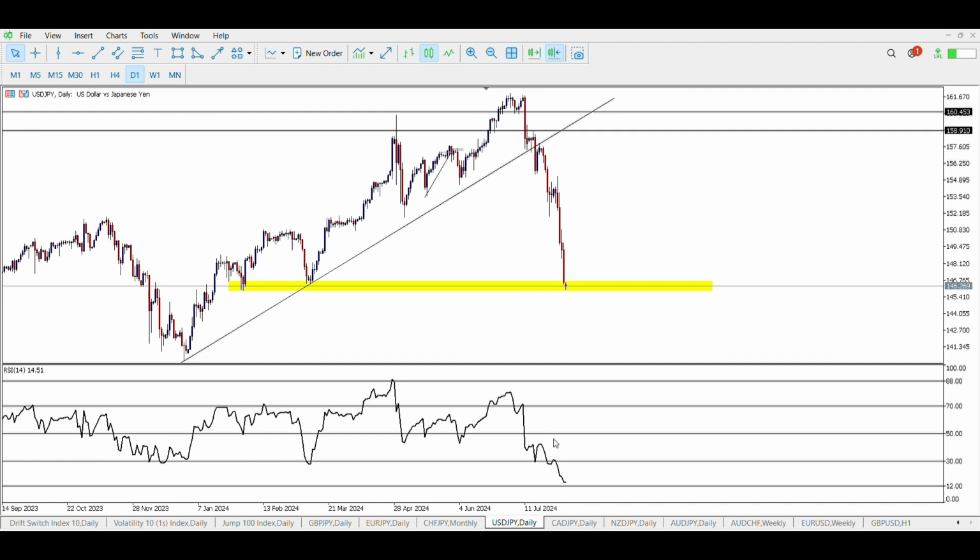So this market is truly oversold and price is currently at the support level, which is right here. So I would advise that we exercise some caution when placing trades. Let's just wait and see price action, wait for trade confirmations before we sell.